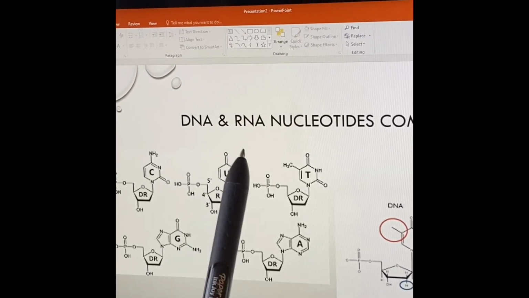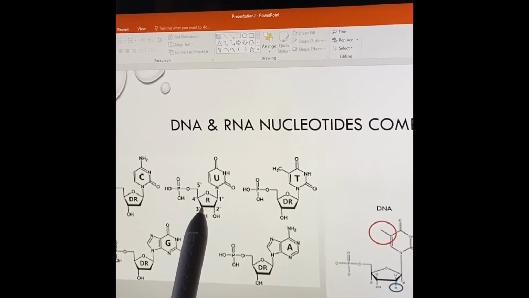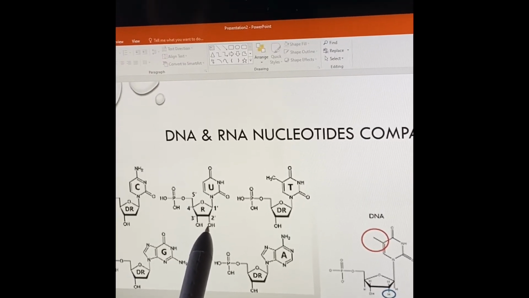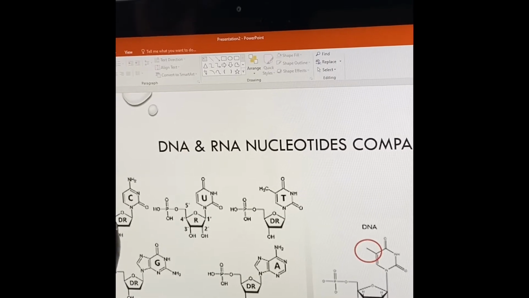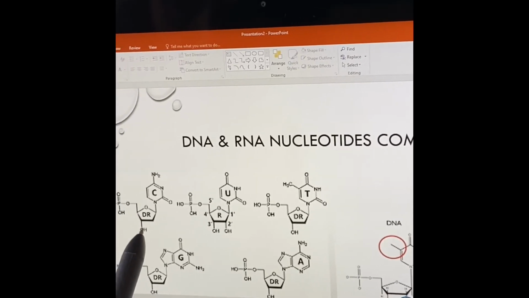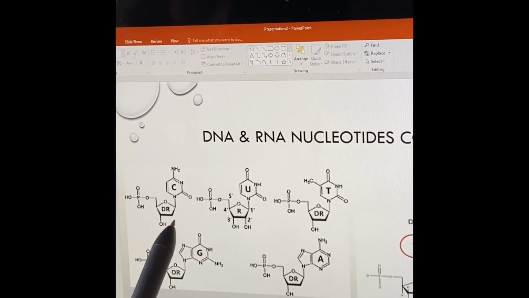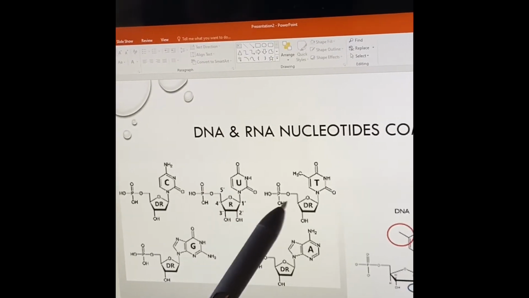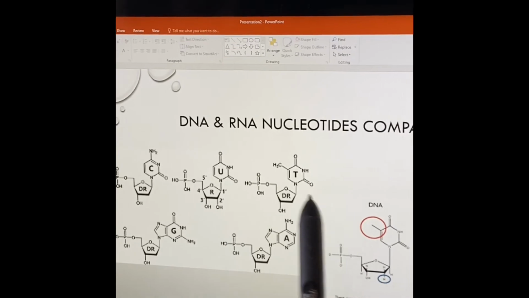So if you look at the ribose sugar, there's an OH group on the 3rd and the 2nd carbon. In the deoxyribose, there's only an OH group on the 3rd carbon and not the 2nd carbon, so it's deoxidized. And that's what makes it deoxyribose.